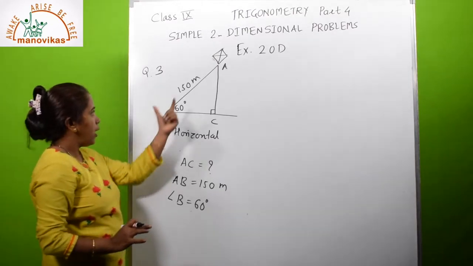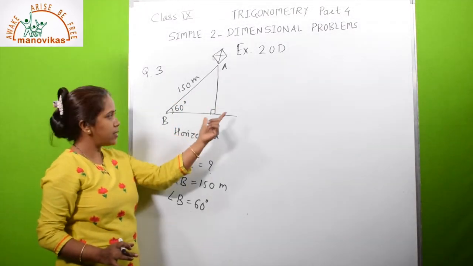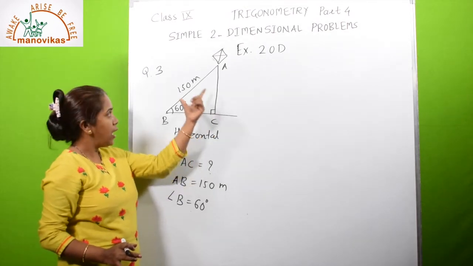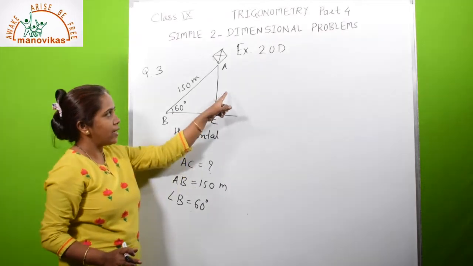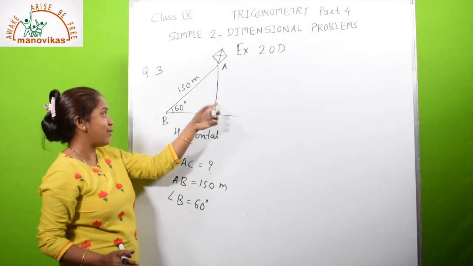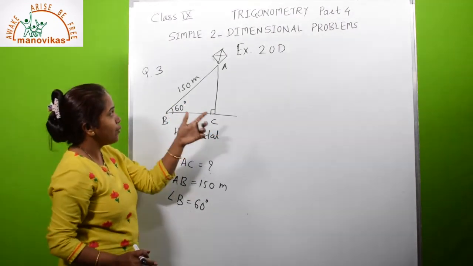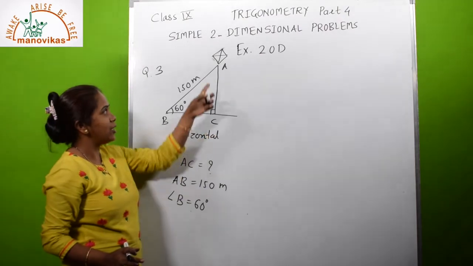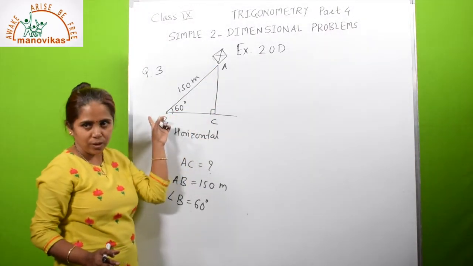Now here AB is the hypotenuse, since C is the right angle triangle. Since AB is the hypotenuse, we have to find AC, that is the opposite side of the angle B. Okay. Now we have to see which is the trigonometrical ratio related to the opposite side and hypotenuse.